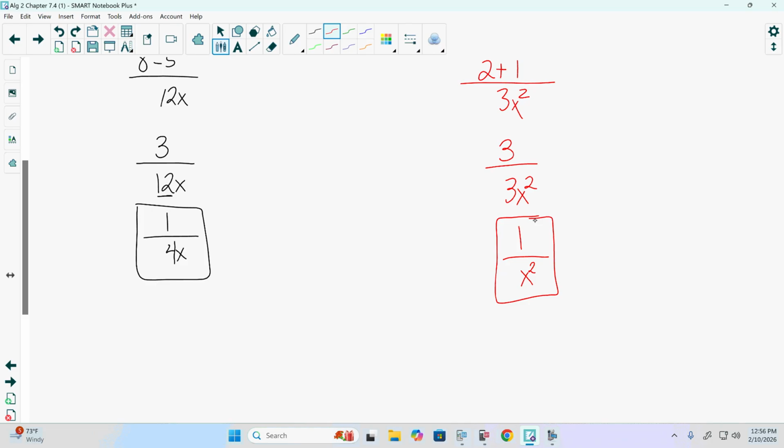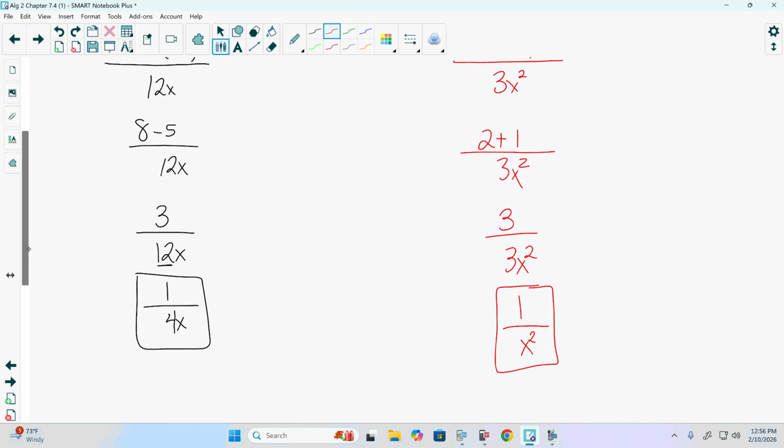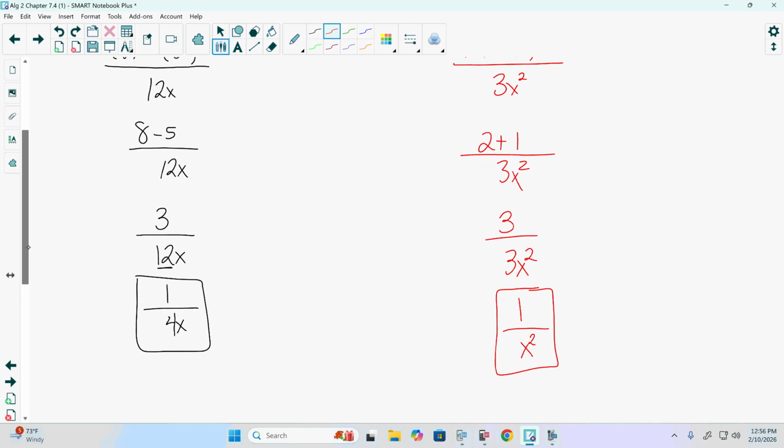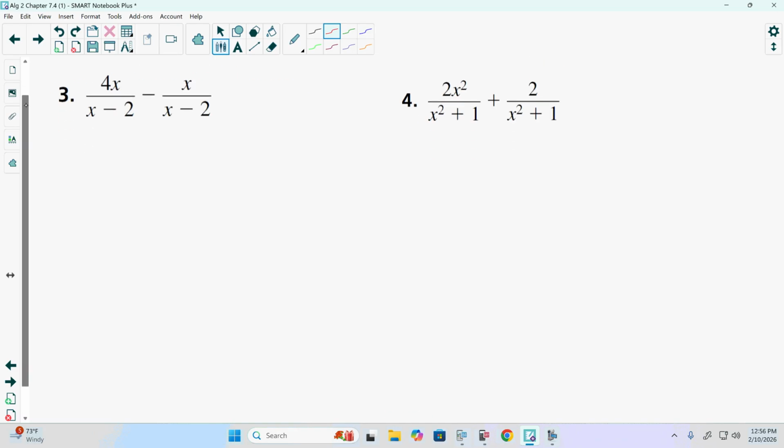Questions on this here? You ready for the next one? 4x over x minus 2 minus x over x minus 2. The denominators are the same, so we can subtract the numerators.